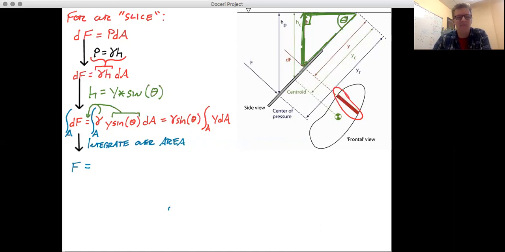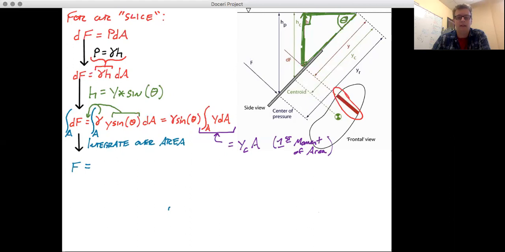So if we integrate the incremental forces over the area, we get some total force. And this integral on the right-hand side, if you've taken a statics class, or if we look into statics in the sense of physical forces and how areas are distributed around axes, that integral is equivalent to what's called the first moment of the area.